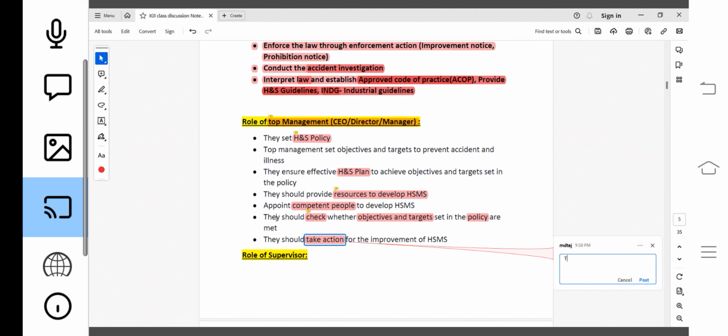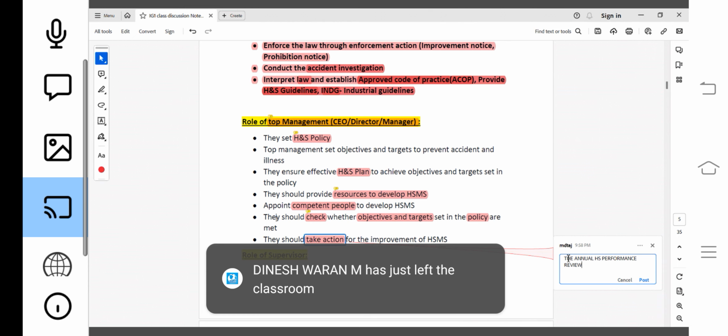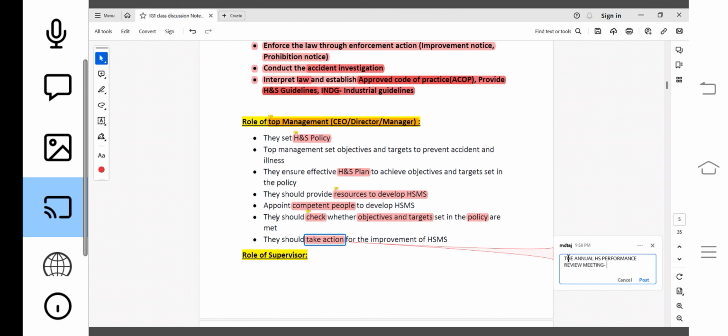That meeting is called the annual health and safety performance review meeting. Annually it is done. So in this meeting, the top management will take action on the non-conformities.